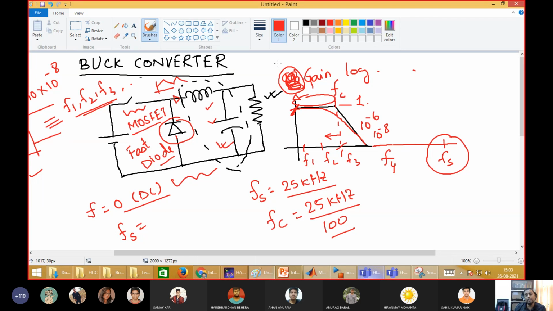Those are very high frequency AC to DC and DC to DC converters. Since they operate at very high frequency, they have very small size inductor, capacitor, and transformer as well. That is why we are going towards very high frequency operations.